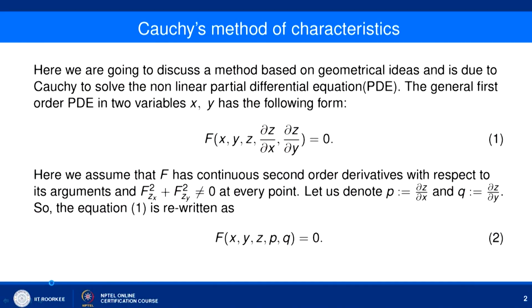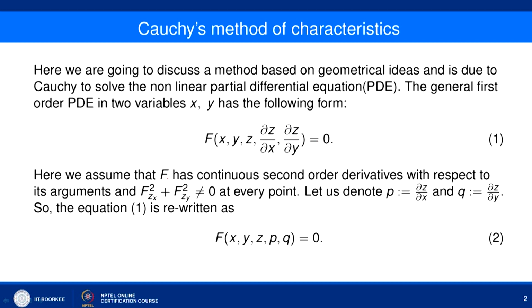As I mentioned earlier, here we are going to discuss a method based on geometrical ideas, which is due to Cauchy. To solve the nonlinear partial differential equation, the general first order PDE in two variables x, y has the following form: f(x, y, z, ∂z/∂x, ∂z/∂y).